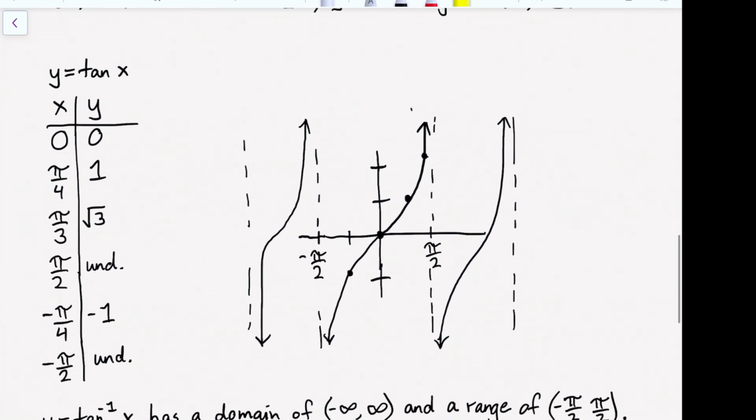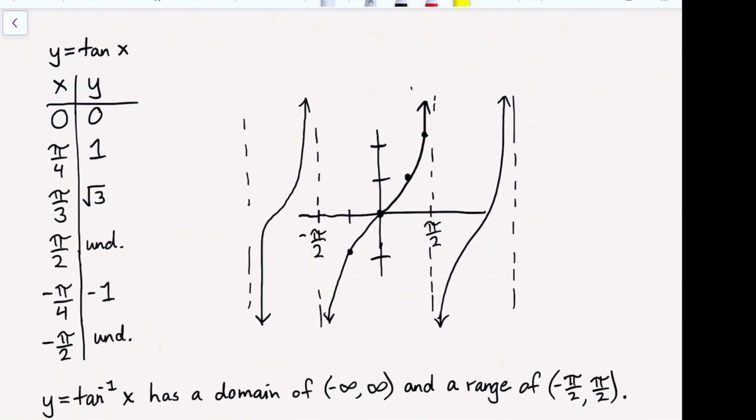Finally, look at the graph of y equals tangent of x. This graph is also periodic. The picture repeats itself every pi units. And we're going to consider just one period of this graph to find its inverse. Let's look at the region from -pi/2 to +pi/2.